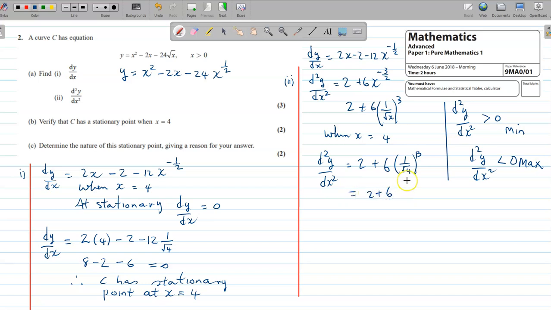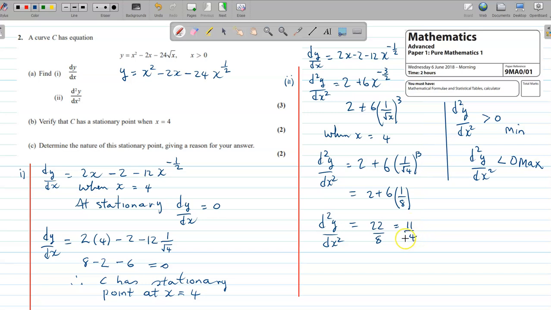The root of 4 is 2. 2 cubed is 8. So it's 1 over 8 there. Okay. And that gives us 22 over 8. So that's greater than 0. So what we get there is 11 over 4.